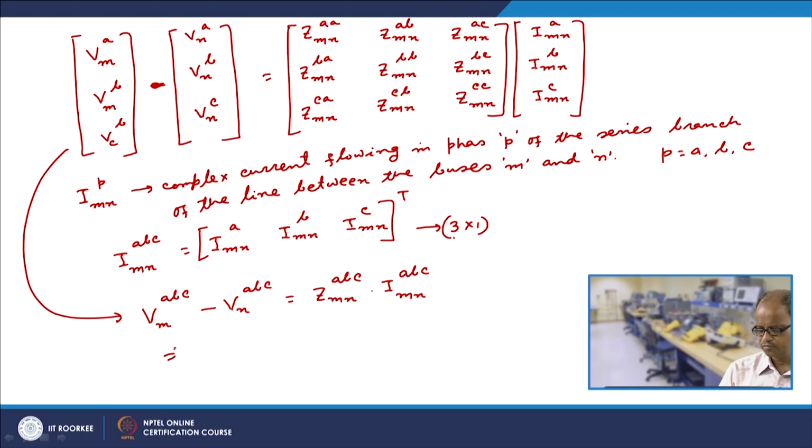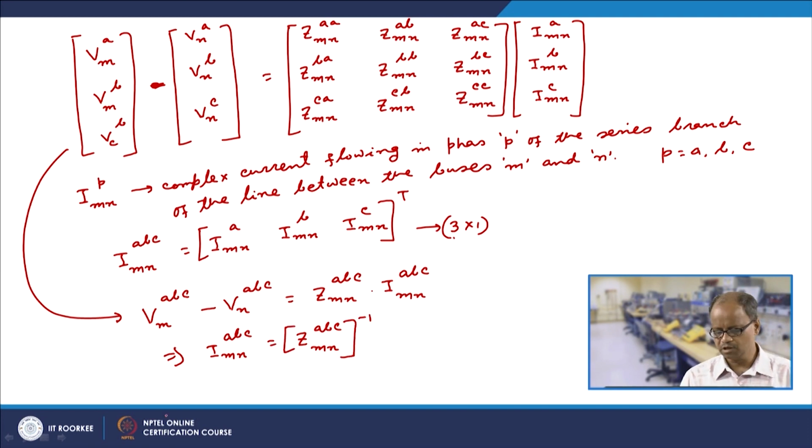So, then therefore, Imn ABC is equal to Zmn ABC inverse, because it is a 3 cross 3 matrix inverse, into Vm ABC minus Vn ABC.